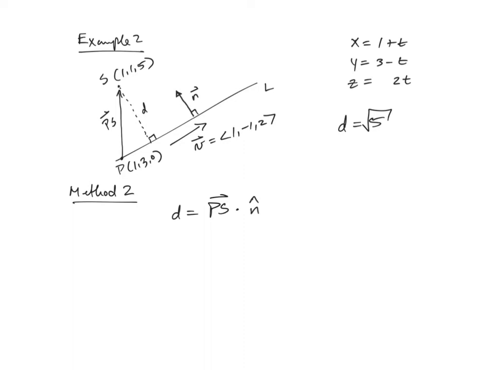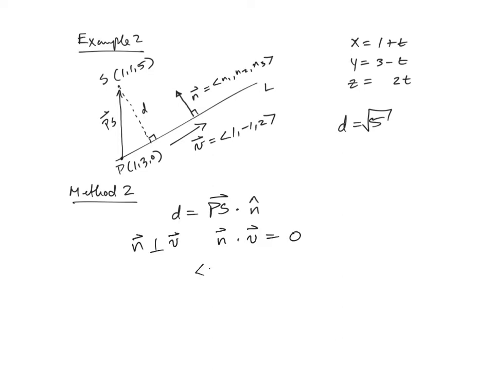Well, we know that this n must be perpendicular to this v. And therefore n dot v, their dot product, must be equal to 0 if the angle between them is 90 degrees. We have to find this vector n, and let's say n just consists of 3 components, n1, n2, and n3.